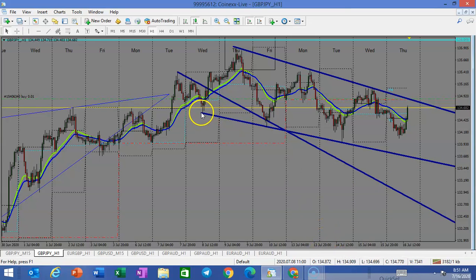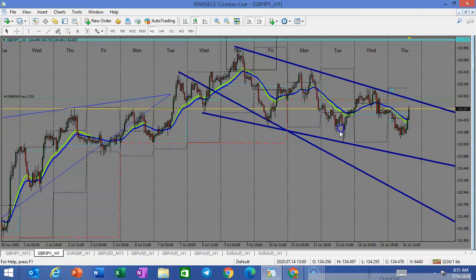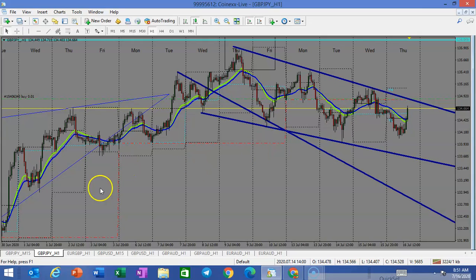The support line has 3 touches since last Wednesday, Friday, and this past Tuesday. So I'm just waiting to see what price does here.